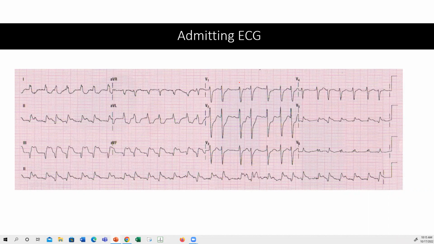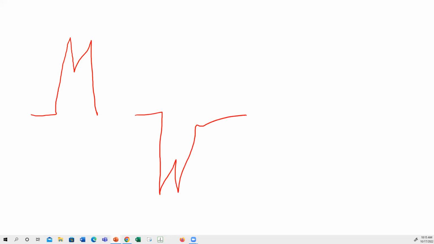Not clear? Okay. So, Francesca, whenever you have a wide QRS complex with a slurring of the R wave, slurring would be something like this, or it could be a W. So some people say M or W, okay? We know now that there is a bundle branch block.